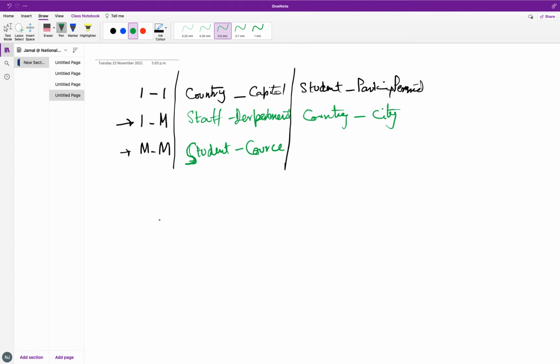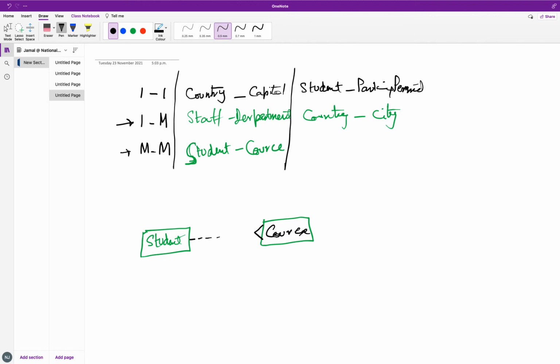and the easiest way is, if this is the student entity, for example, and this is the course entity, right? Each student may have one or many courses.